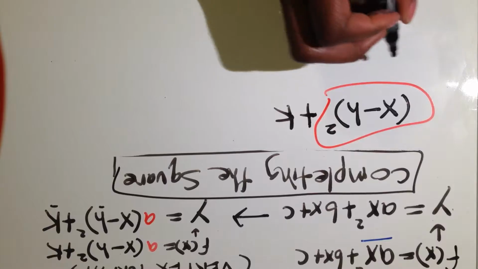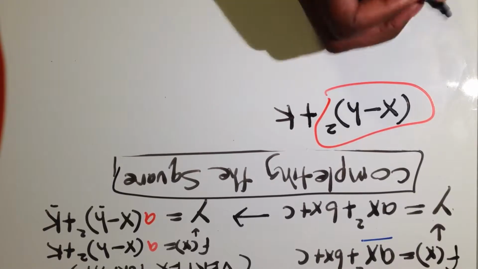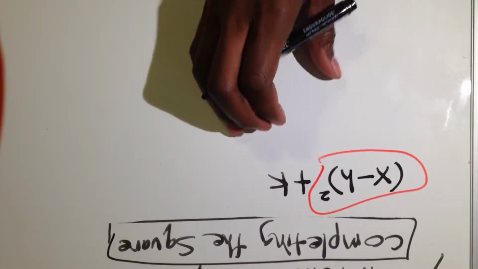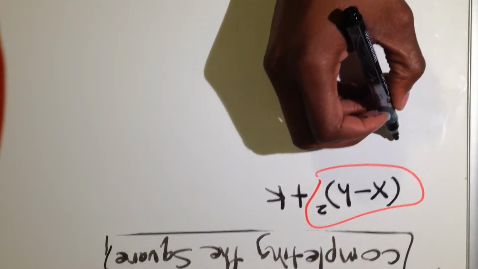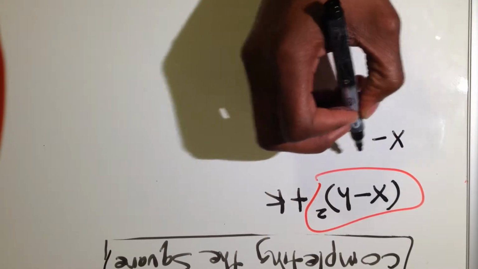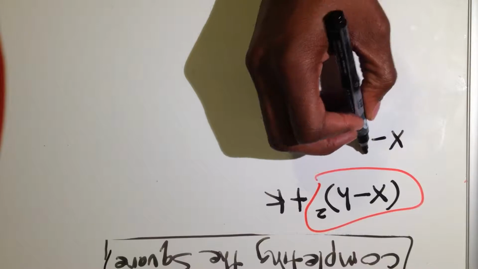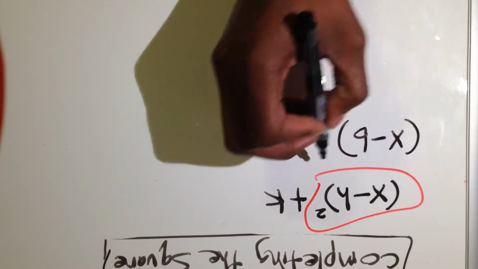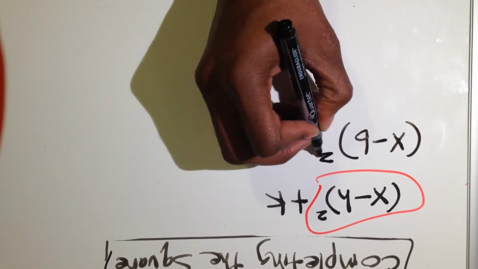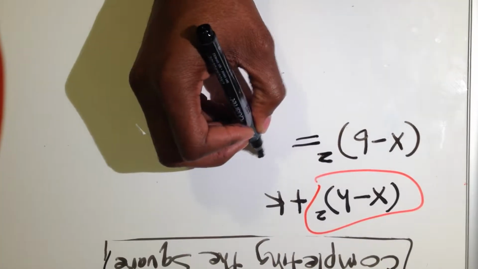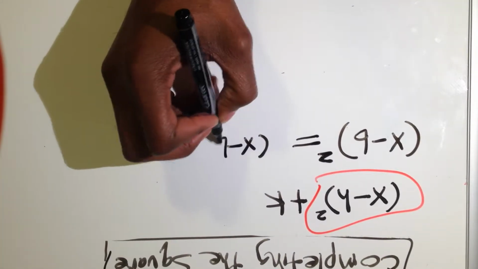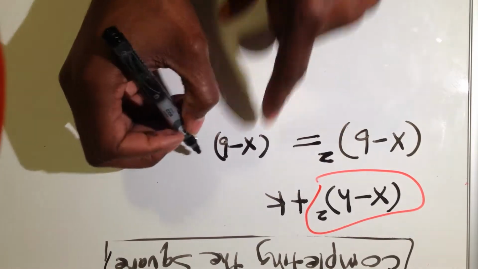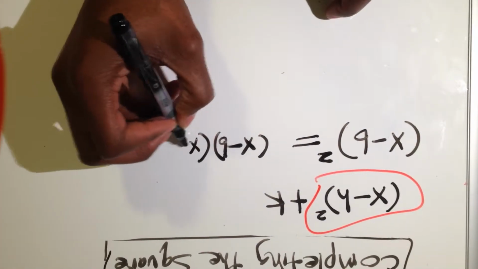You should have learned in Algebra 1 and Algebra 2 what perfect squares look like. Essentially, they look like this: x minus b, squared, which is x minus b repeated twice, so you multiply x minus b times x minus b.